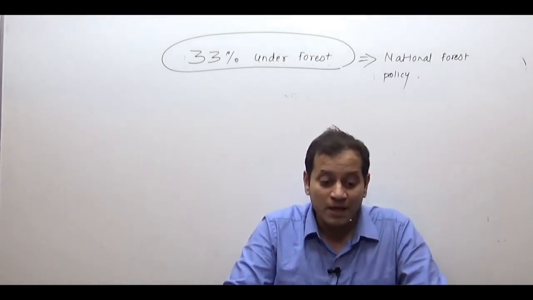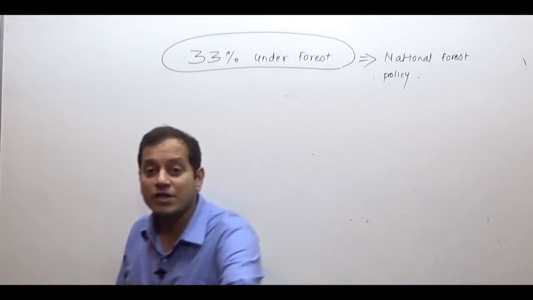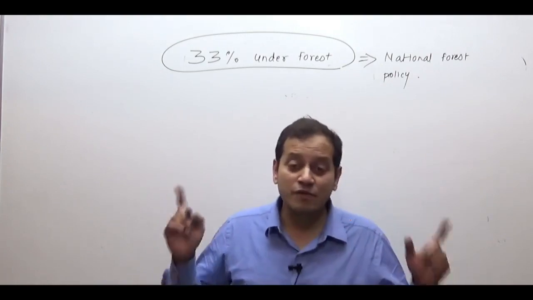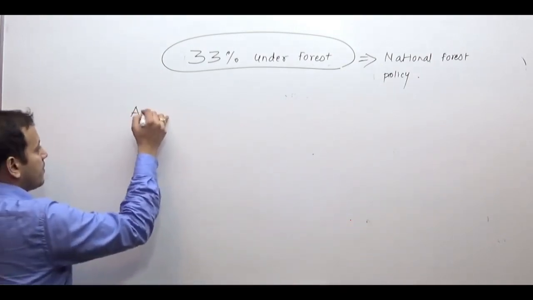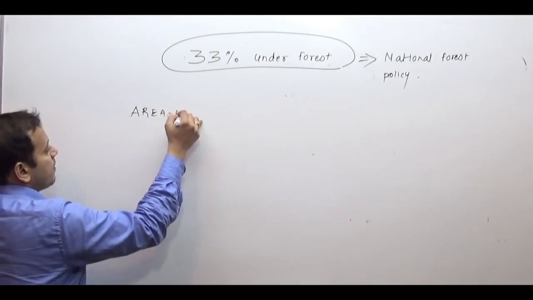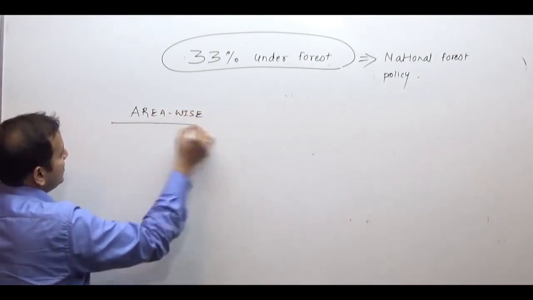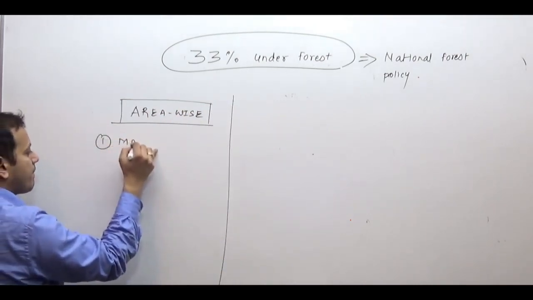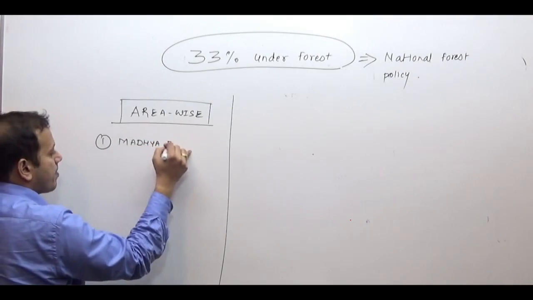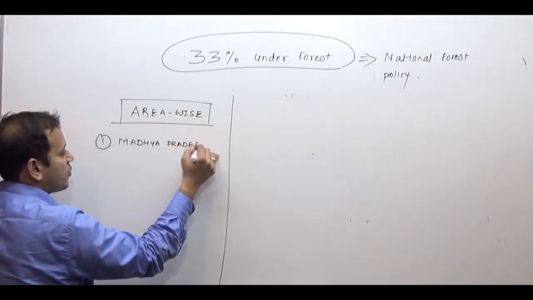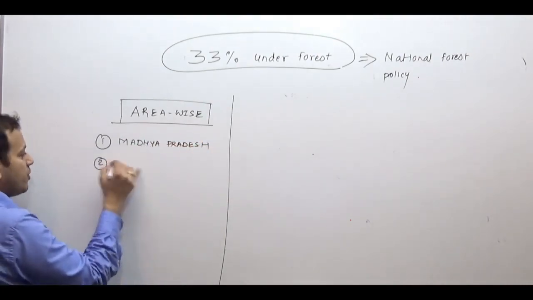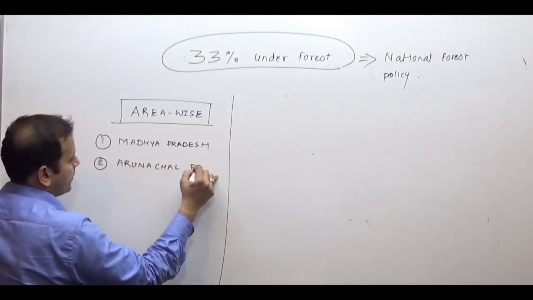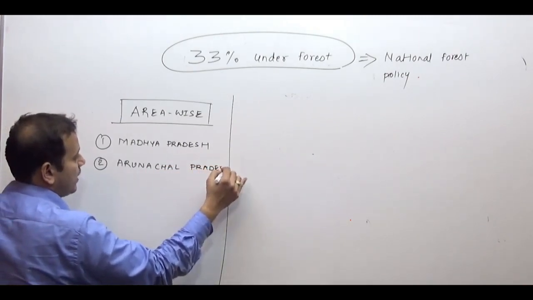Now, if I talk about the distribution of forest in India, in terms of area, the maximum forest occurs in the state of Madhya Pradesh, followed by Arunachal Pradesh.